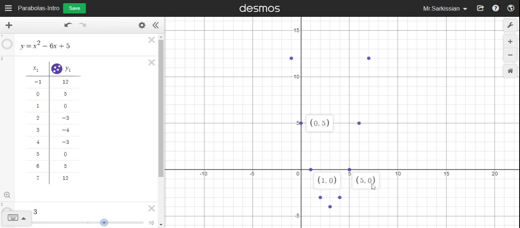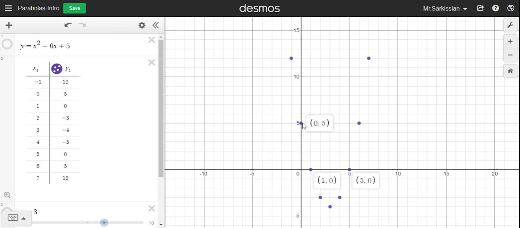So 1 and 5 are called the x-intercepts of the graph, or we also call them zeros of the quadratic relation. So zeros of the relation or the x-intercepts of the graph is the same thing. And in the table of values, whenever you see that y is 0, and x is some number, like 1 and 5, those numbers are the x-intercepts of the quadratic relation.